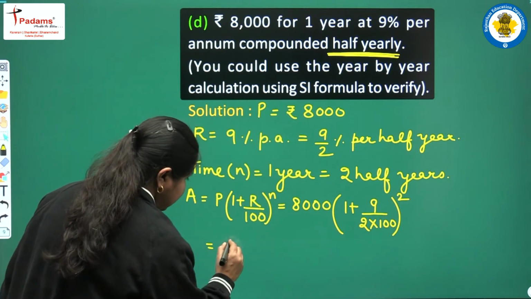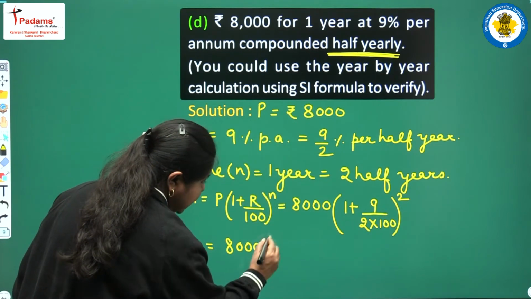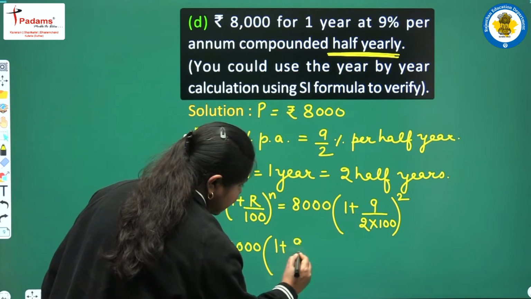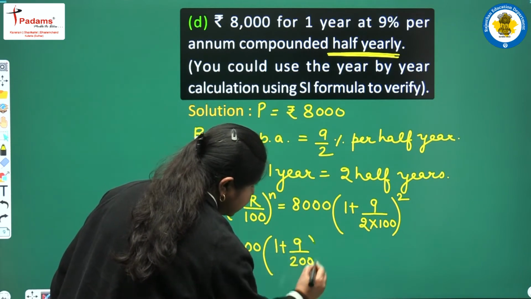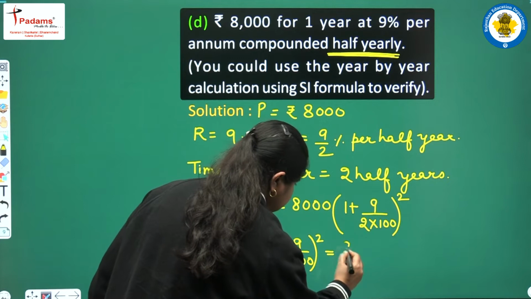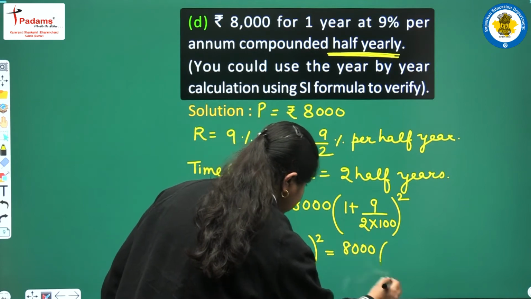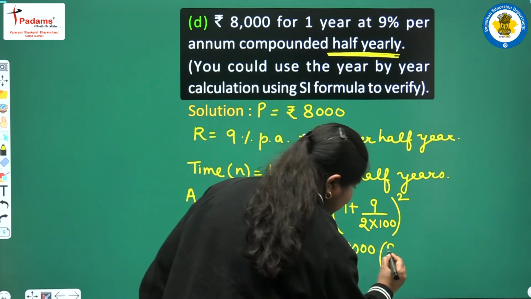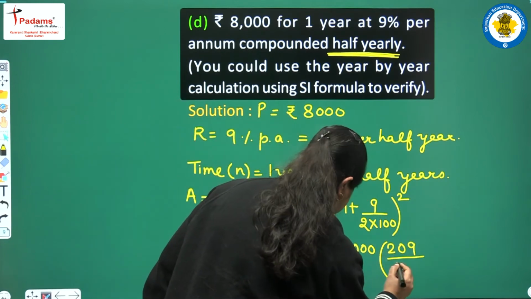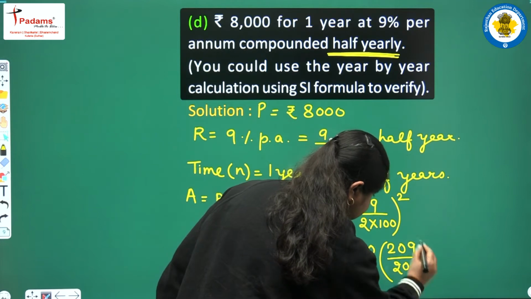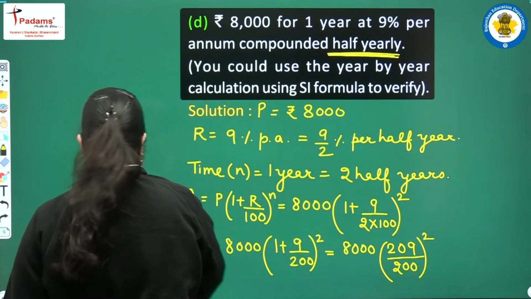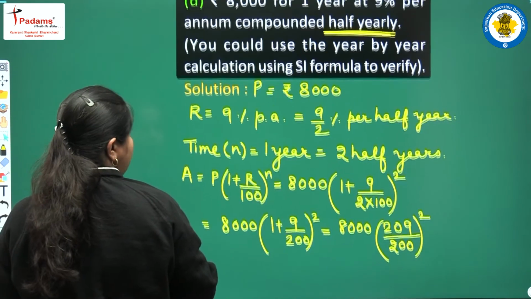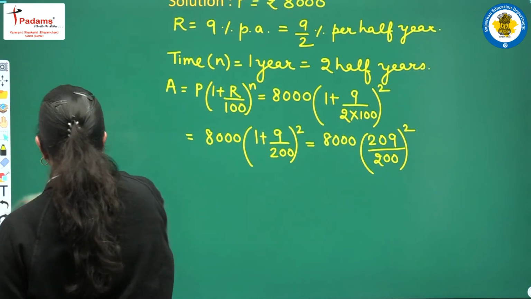This will be 8000 into 1 plus 9/200 raised to power 2. This will be 8000 into 200 plus 9 over 200, so 209/200 raised to power 2. Let us simplify this. Some long calculations are getting involved here.